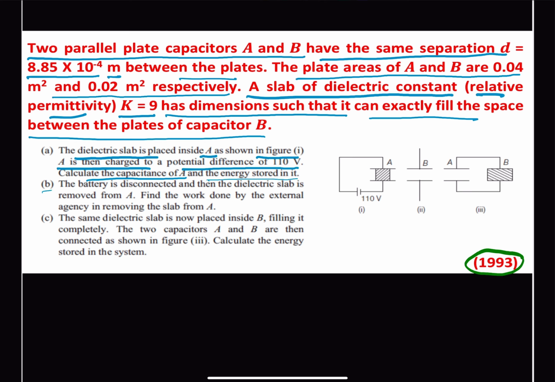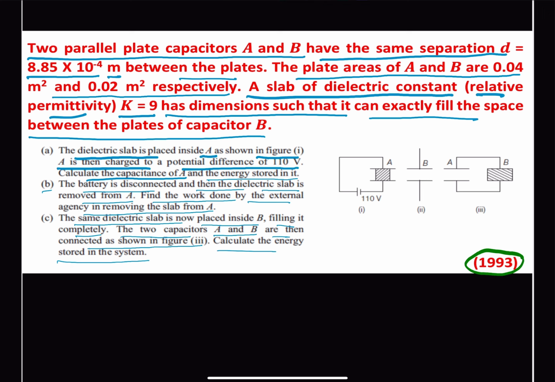In part B, it states that the battery is disconnected and then the dielectric slab is removed from A. Find the work done by the external agency in removing the slab from A. And in the C part, it states that the same dielectric slab is now placed inside B, filling it completely. The two capacitors A and B are then connected as shown in the figure. Calculate the energy stored in the system.